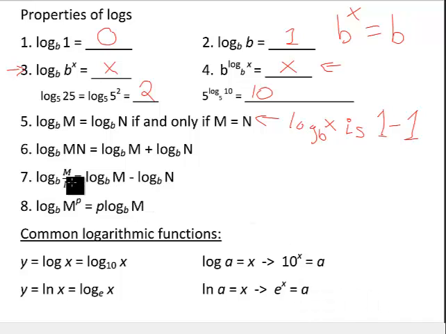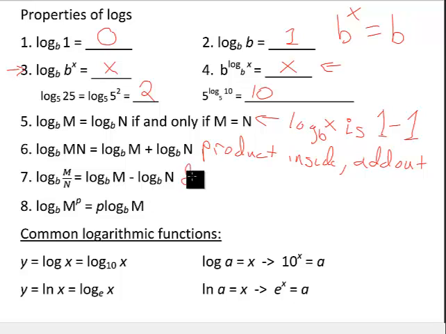But what it says is that if you have the product inside, you add outside. So take note of that. Product inside, add or sum on the outside. Okay? Same sort of rule here, except now we're talking about a quotient inside, we subtract outside.